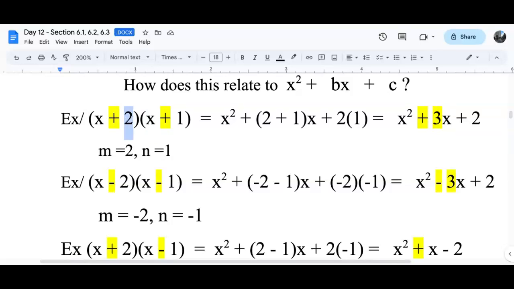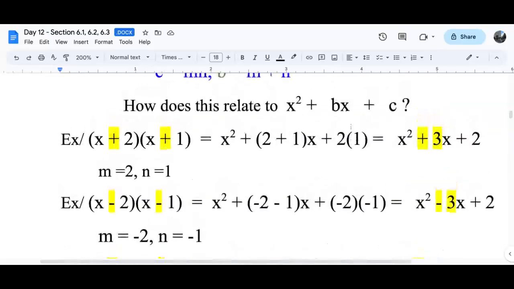Now we use the second member in the second group multiplied by the x plus 2. So we get 2 times x, which is 2x, and 2 times 1, which is just 2. So we have x squared plus (2 plus 1)x plus 2 times 1.